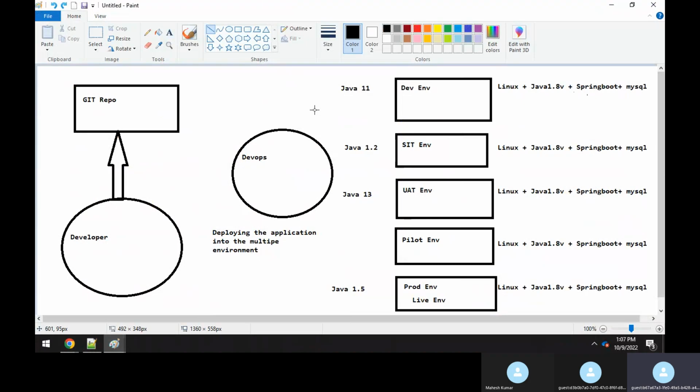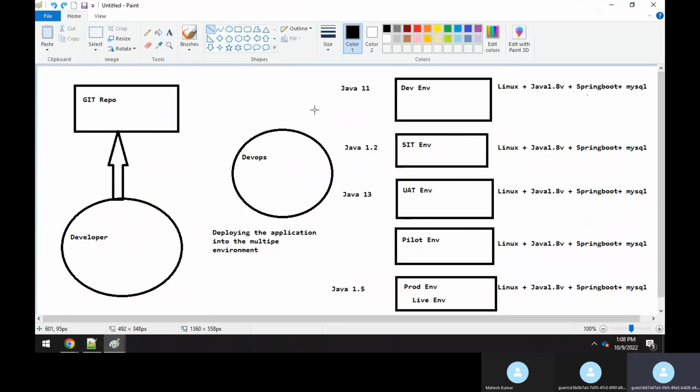It might have a different Java or a different Spring Boot. Whatever dependencies the application requires, the version might be different, or it might have other dependencies already installed, so your application might not run properly there, or might not run at all. That's the reason you will have a Docker container.